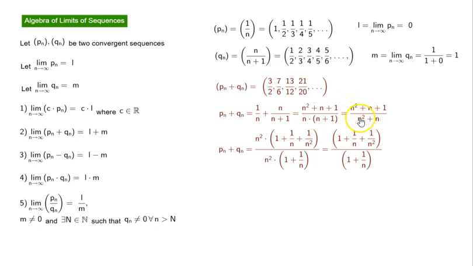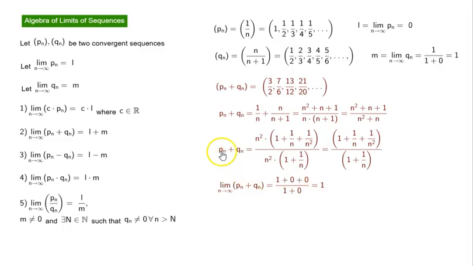Let's take n square common out of both numerator and denominator. So we have P sub n plus Q sub n is equal to n square times 1 plus 1 by n plus 1 by n square, divided by n square times 1 plus 1 by n. N square and n square cancel out, and we have 1 plus 1 by n plus 1 by n square, the whole thing divided by 1 plus 1 by n.